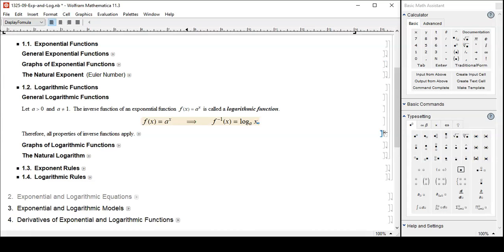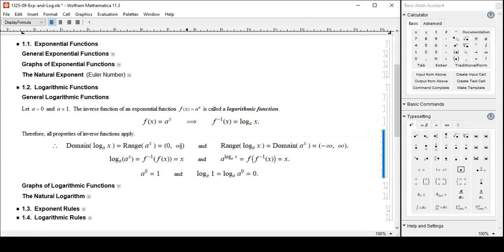So all the properties of inverse functions apply. Domain becomes range, and range becomes domain. And then if you compose the inverse of the original, or the original of the inverse, then you get cancellation. F inverse and F cancel out, and we get x back. So log base a of a to the x power is just x, cancellation. A to the log base a of x, cancellation, we get x back.